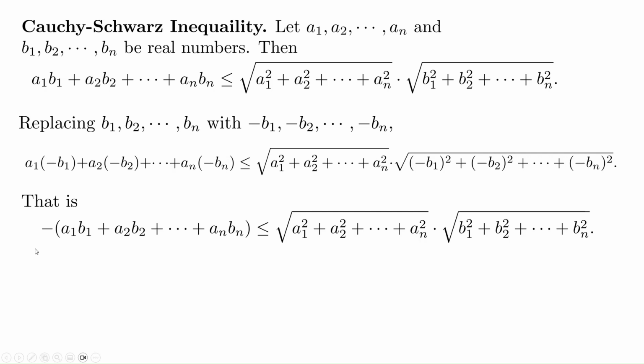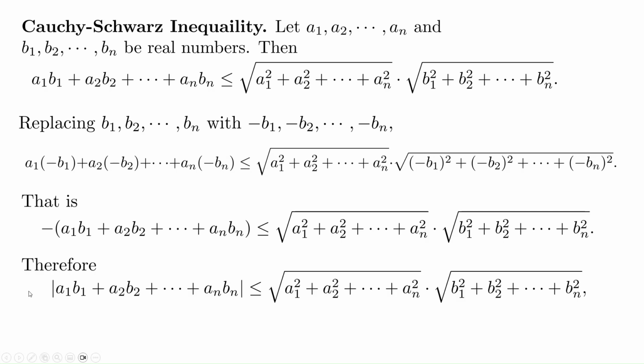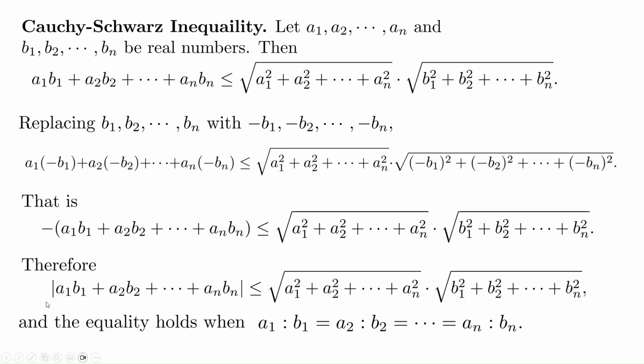Combining this with the original Cauchy-Schwarz inequality, we have a stronger estimate, and the equality holds under a weaker condition: a1, a2 to an is proportional to b1, b2 to bn.